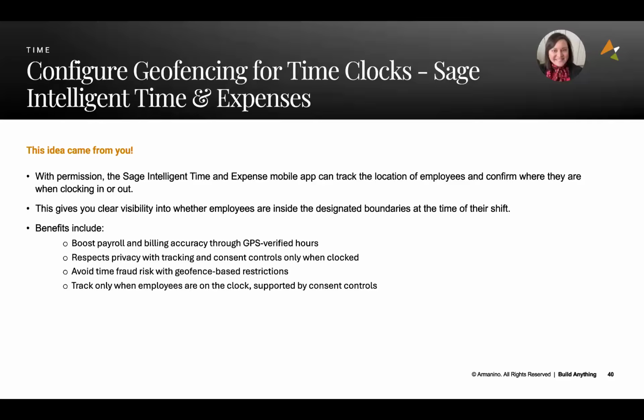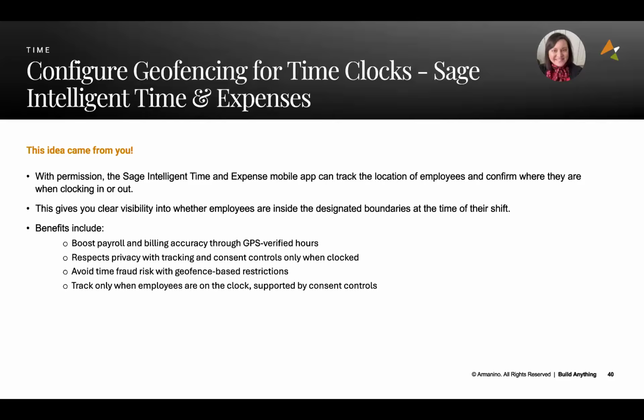You're able to track that with geofencing. So we can't have a situation where someone's clocking in or out, and they're not where they were supposed to be during the beginning and the end of that shift. So it definitely helps provide payroll accuracy and billing accuracy as well. And you've got those GPS verified clock punch ins and punch outs.